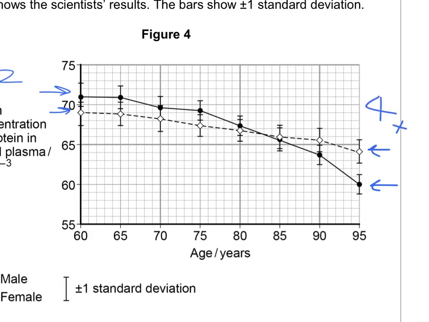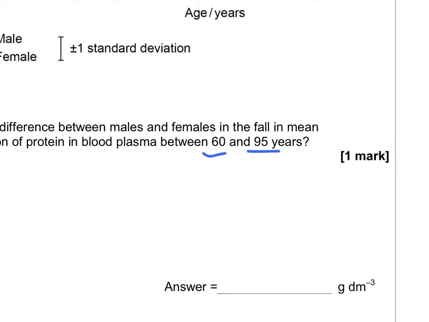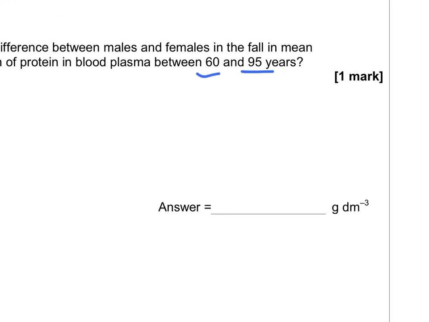So 4 plus 2, and that will give us the answer, which in this case is 6 grams per dm cubed.